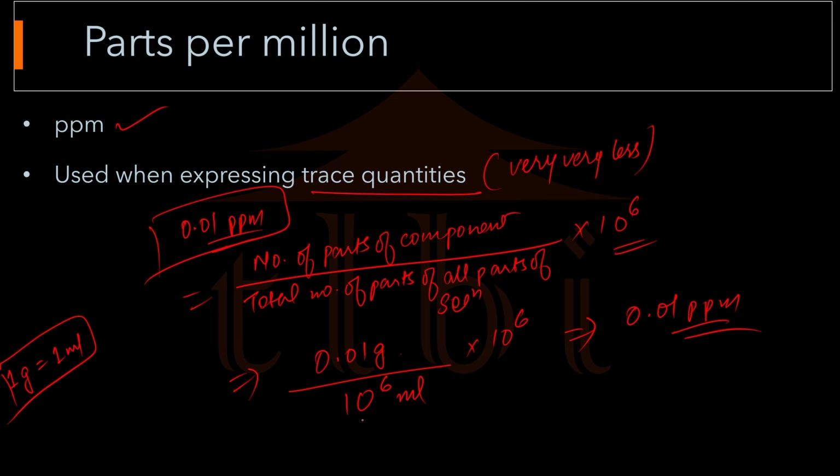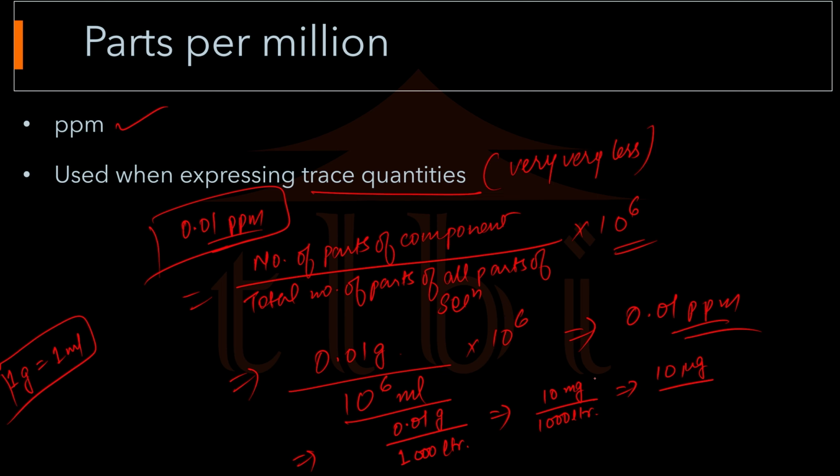Okay, now 10 power 6 ml is equivalent to 1000 liters, or you can convert this into milligrams, and we can say 10 milligrams per 1000 liter, or we can also say 10 microgram.